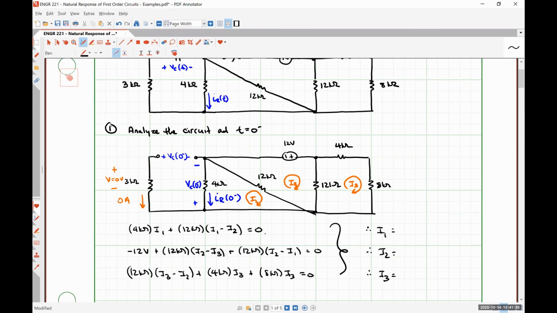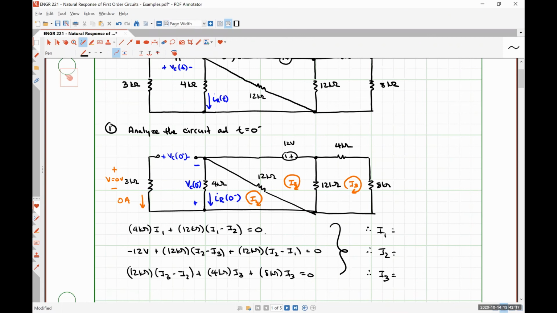Then I have negative 12,000 I1 plus 24,000 I2 minus 12,000 I3 is equal to positive 12. And then in my third equation, I have 0 I1, negative 12,000 I2, and 24,000 I3 is equal to 0. Solve.